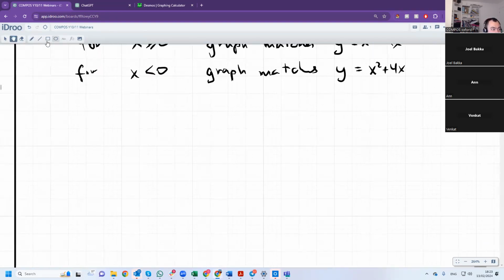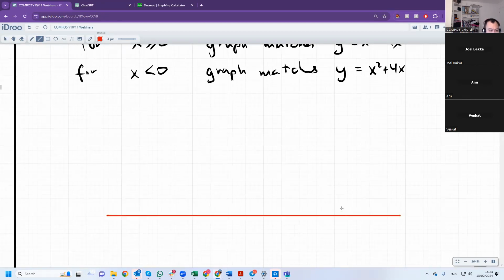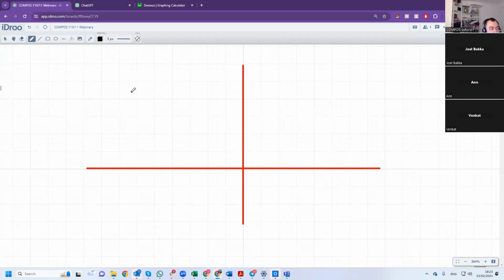So we draw both graphs and we say, okay, this is x, this is y. So the first graph is x squared minus 4x. That looks like this.